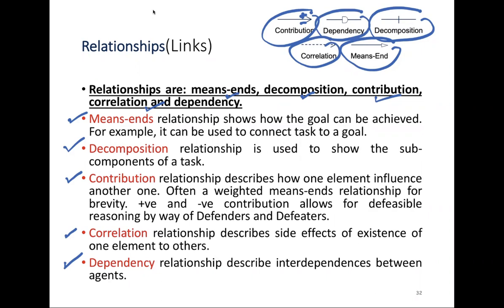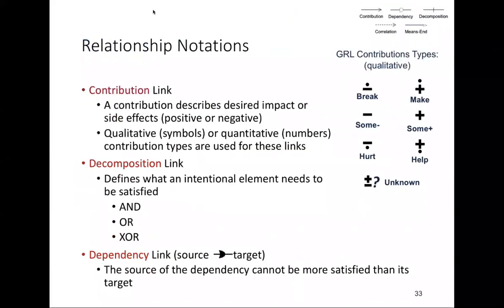To actually draw such links or relationships between the components, which are the intentional elements in the goal model represented by the GRL notation, we need to identify for each specific type of link the notation as well as the meaning of each one. As I said before, it could be a contribution relationship, dependency relationship, decomposition relationship, means-ends relationship, or correlation relationship.